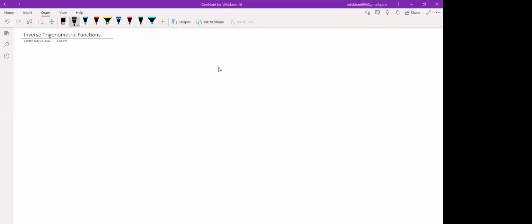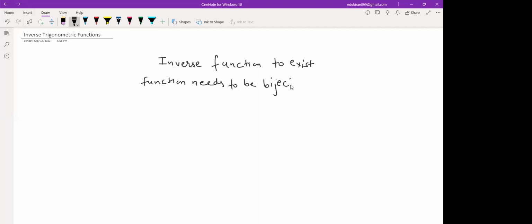So for any function whose inverse exists, the function needs to be bijective. Do we remember what is bijective? That means it is 1-1 and onto. 1-1 is injective, onto is surjective.